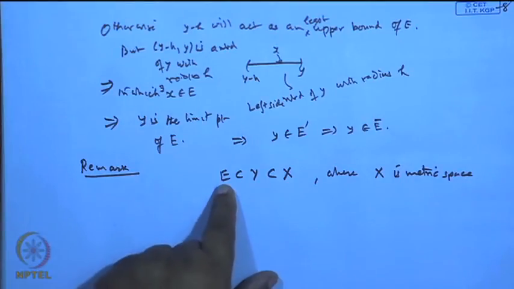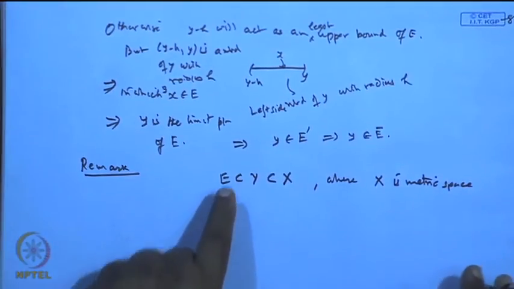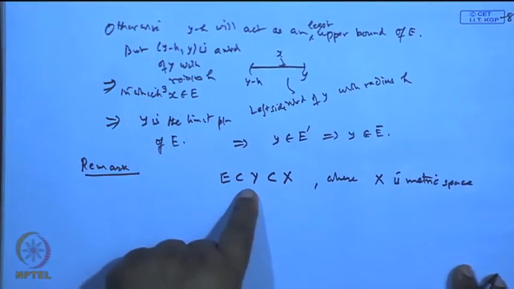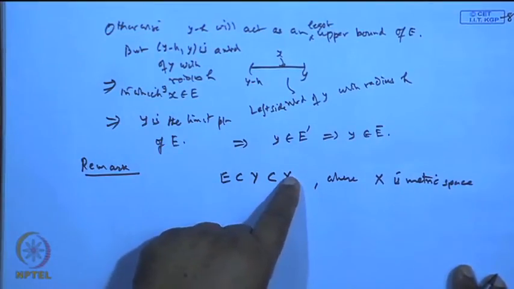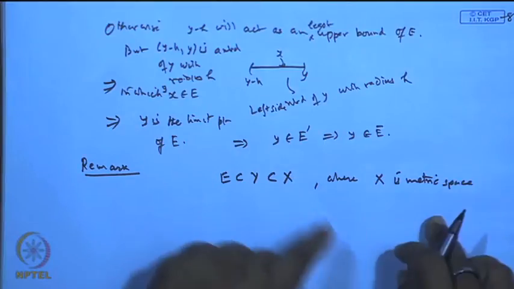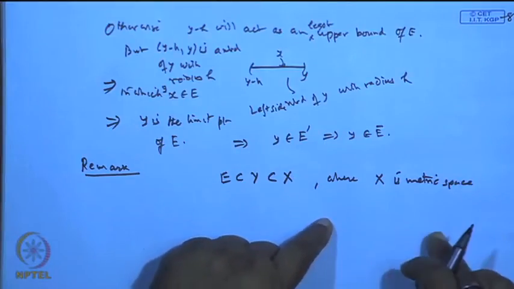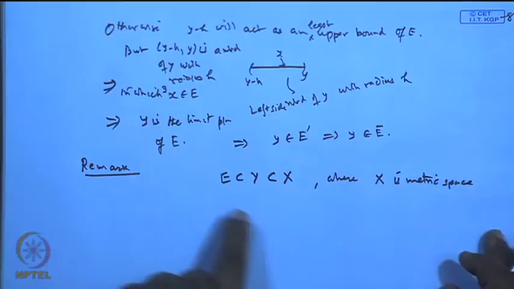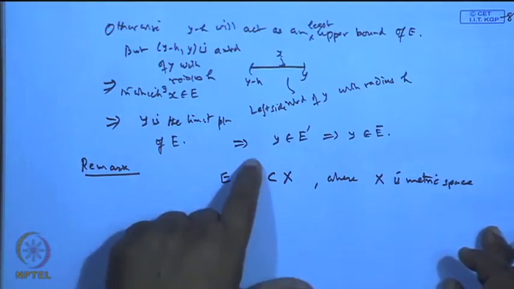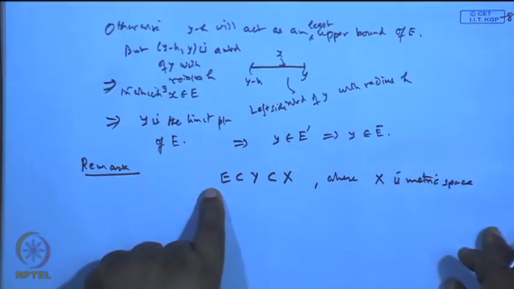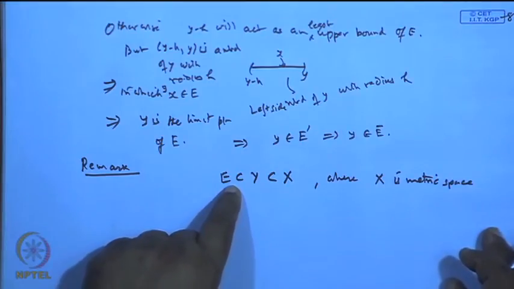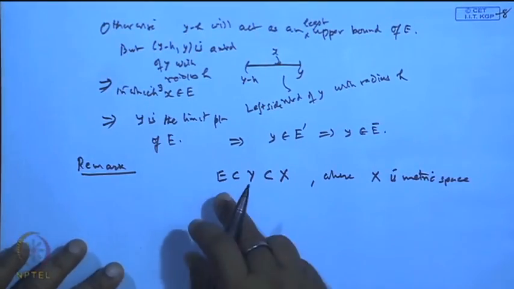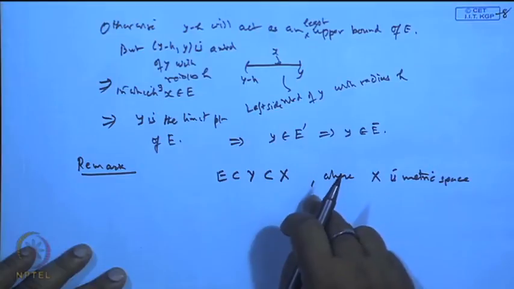Then we have seen that a set may be open in Y, and may not remain open in X. We have seen this with an open interval (a, b), which is open in R1, but it is not open in R2. So, in the case of an open set or closed set, the space which encloses the set is important.